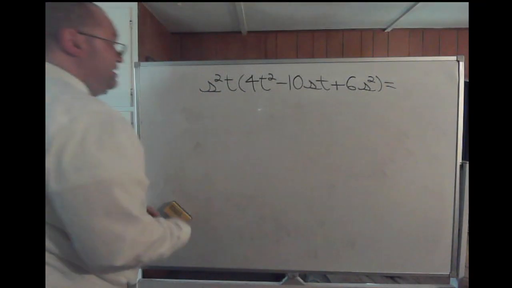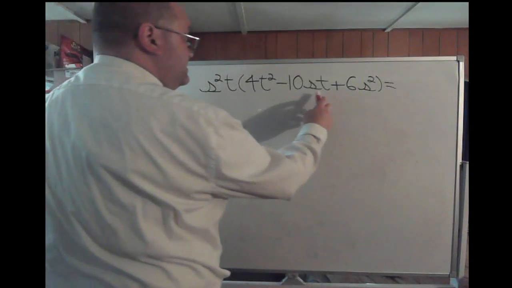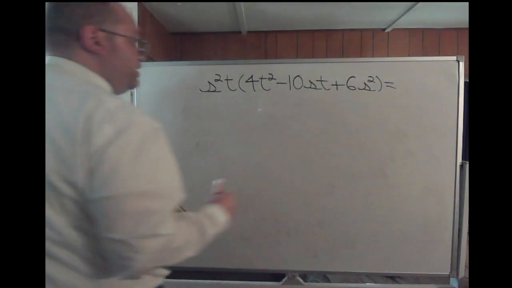So we have s squared t times the quantity of 4t squared minus 10st plus 6s squared.